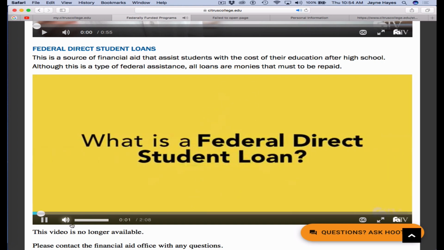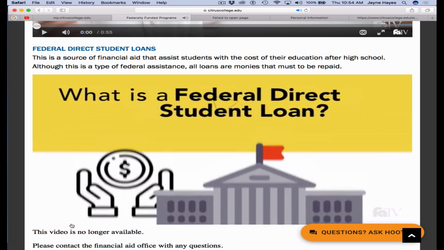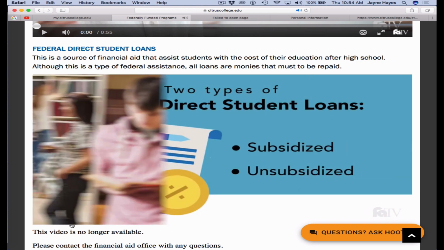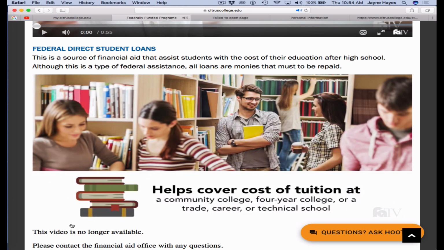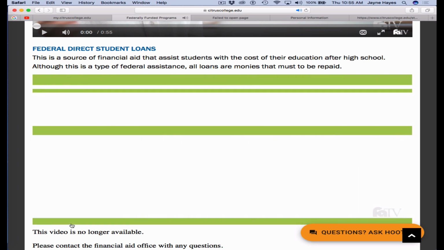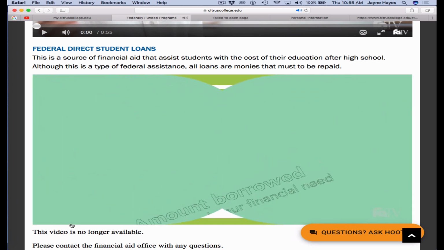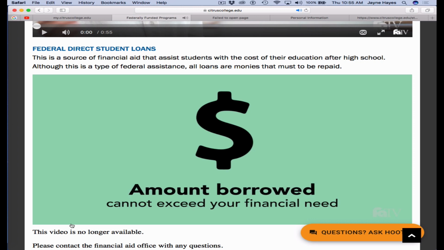What is a federal direct student loan? There are 2 types of federal direct student loans, subsidized and unsubsidized. These loans help cover the cost of tuition at a community college, 4-year college, or a trade, career, or technical school. Direct subsidized loans are available for students with financial need, and the amount borrowed cannot exceed your financial need.